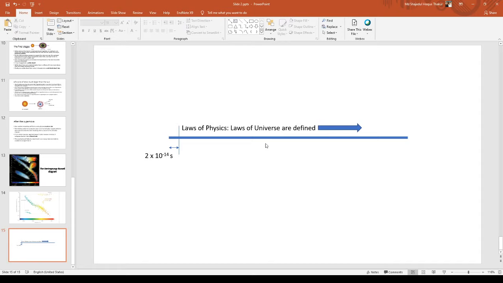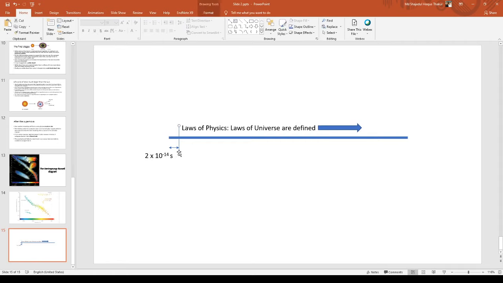Like charges repel, unlike charges attract. If two nuclei join together, there will be a nuclear fusion reaction. Protons and neutrons are held together by strong nuclear forces, and one nucleus interacts with another through weak nuclear forces. All the laws of the universe are defined.